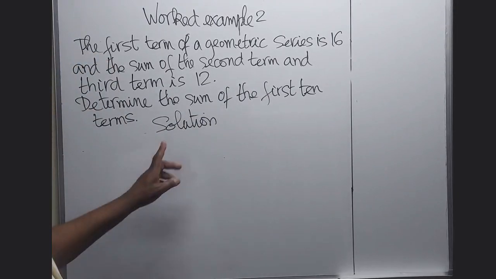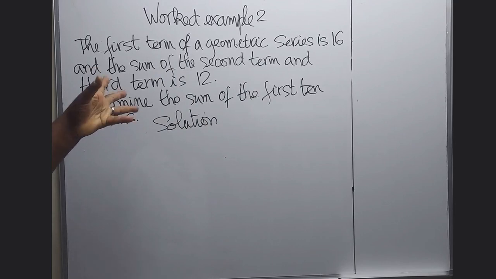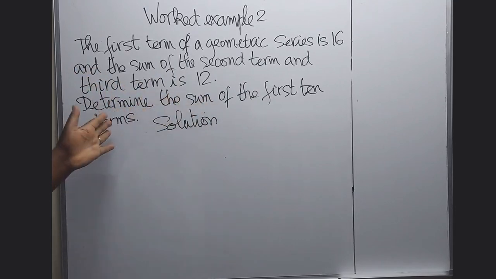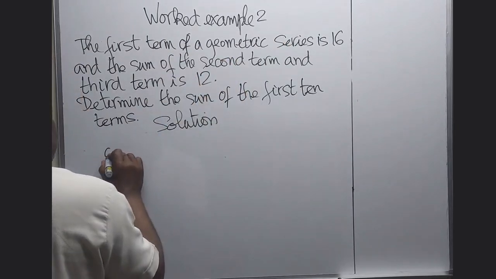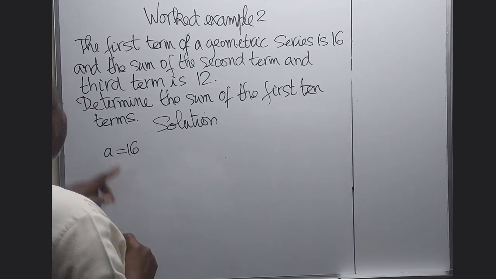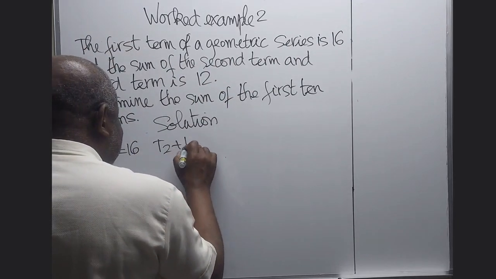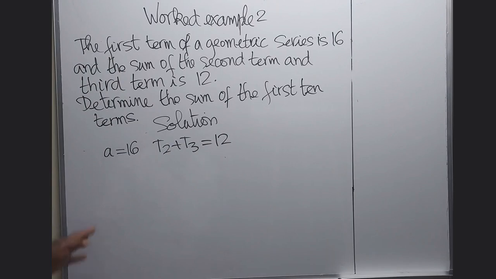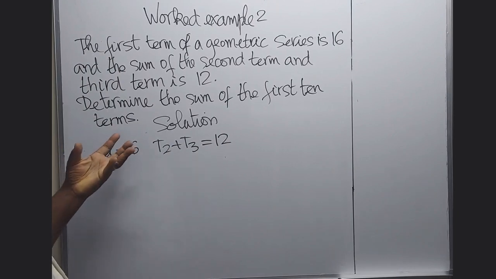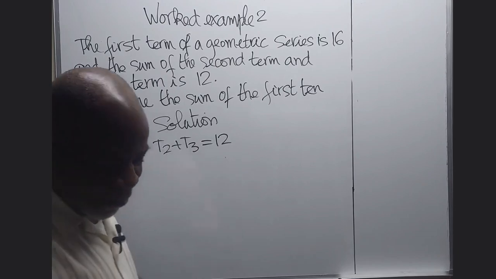If we want to get the sum of the first 10 terms, we need to get the terms so that it's going to be easy for us to get the sum of the geometric series. Our first term, as they are saying here, a is equal to 16. The sum of the second term and the third, T2 plus T3, is equal to 12. So this is going to help us to get the terms, and then we will be going to the sum.